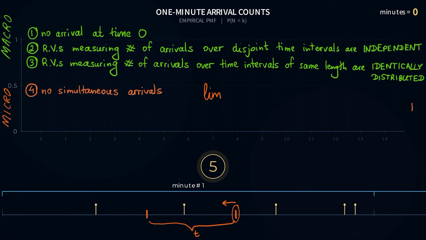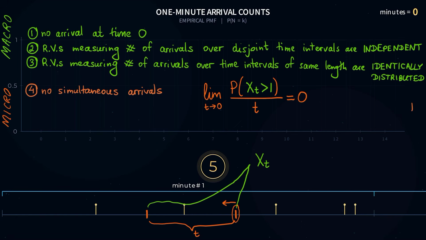The limit as t approaches 0, as the length of this time interval t approaches 0, of the probability that the random variable, which measures the number of arrivals over this interval, which we'll denote X_t, the probability that this random variable X_t is greater than 1, it's a ratio here where we're going to divide by t, is equal to 0.